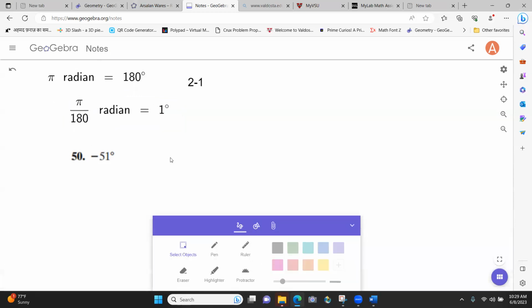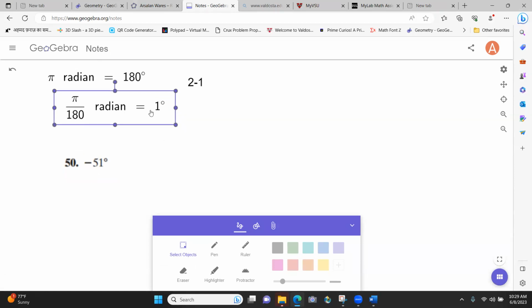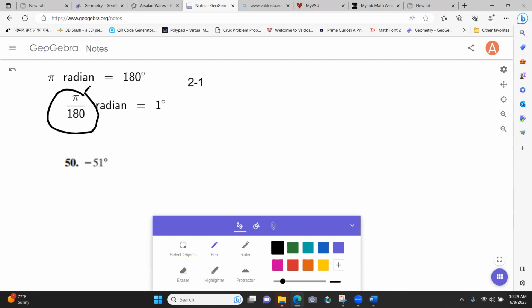I get this. Okay. Now, 1 degree is very tiny. It's a tiny size of an angle, equal to pi over 180 radian. So 51 degree will be this number times 51.